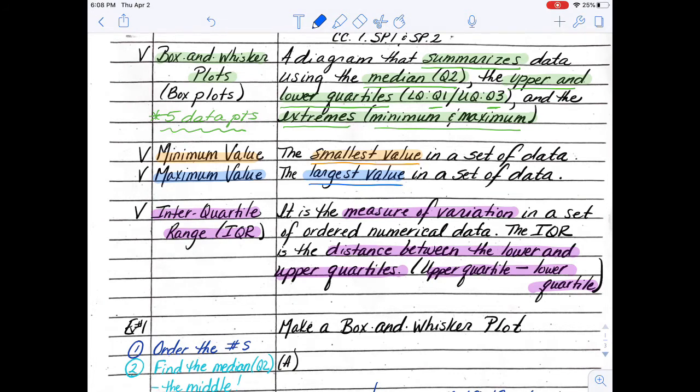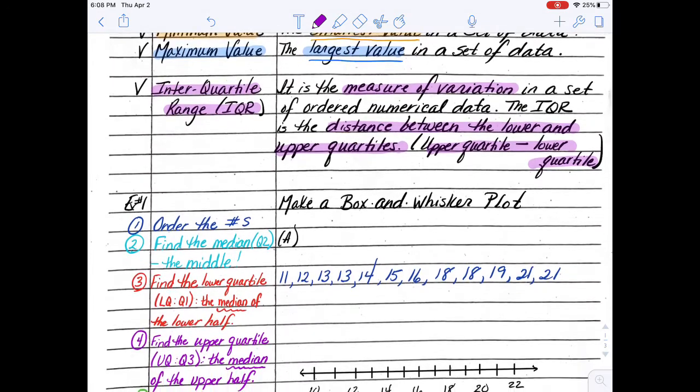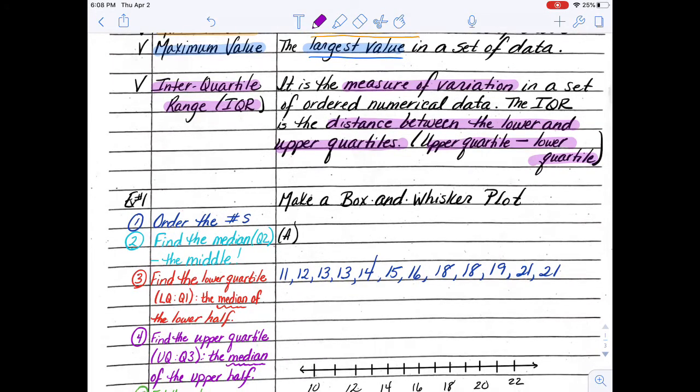The next one, though, is called our interquartile range, or the IQR. And that IQR is a measure of variation. And in that variation, first of all, it definitely tells me my numbers have to be in order. So they do also have to make a box and whisker plot.